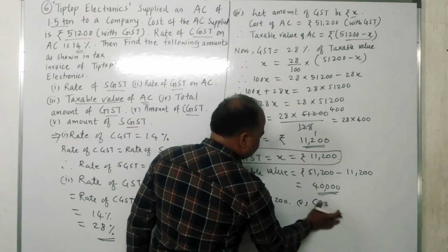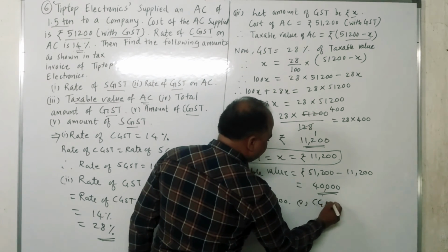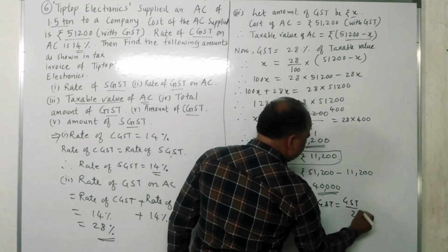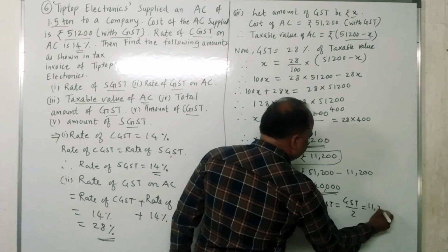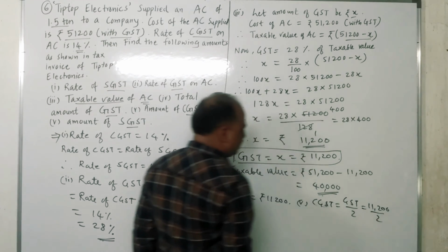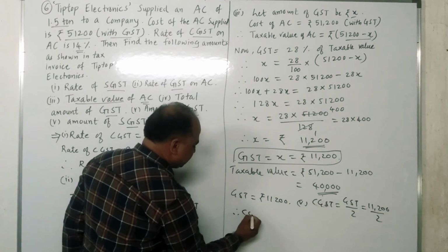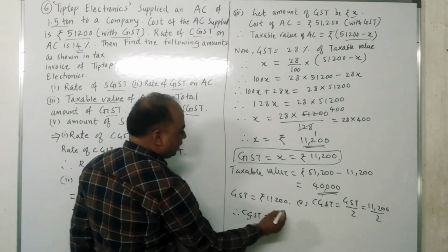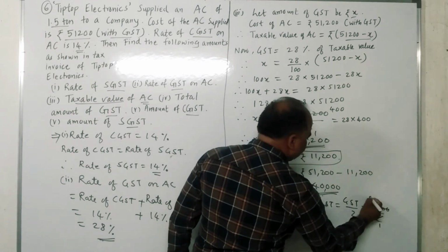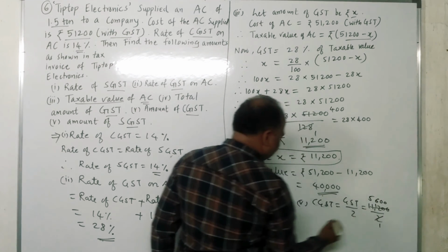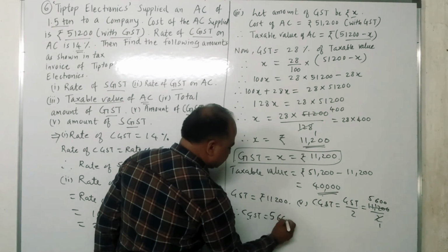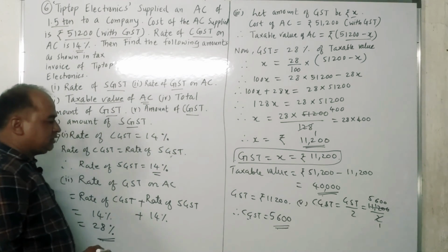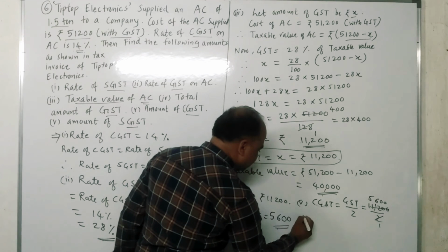CGST is equal to GST upon 2, that is 11,200 divided by 2. So CGST is equal to 11,200 upon 2. 2 1s are 2, 2 5s are 10, 2 6s are 12, that is 5,600 is CGST, and this is the 6th one.